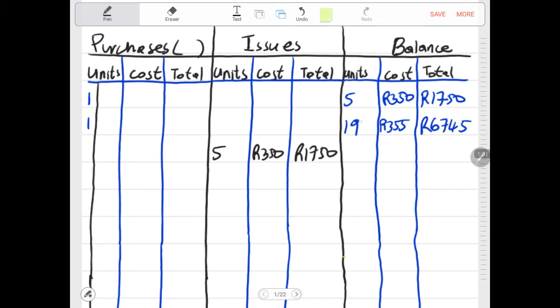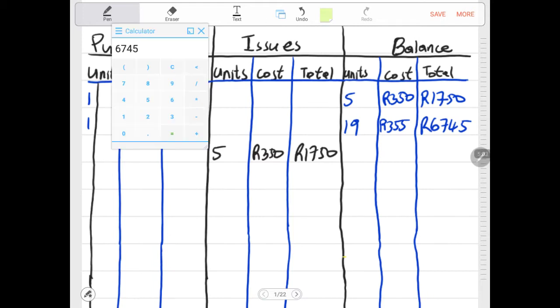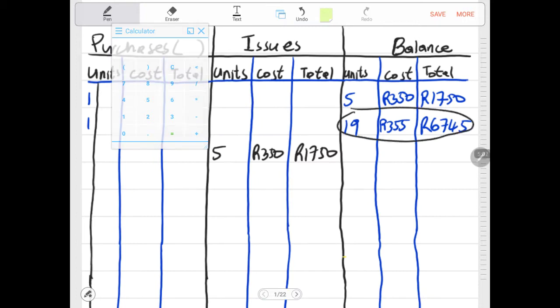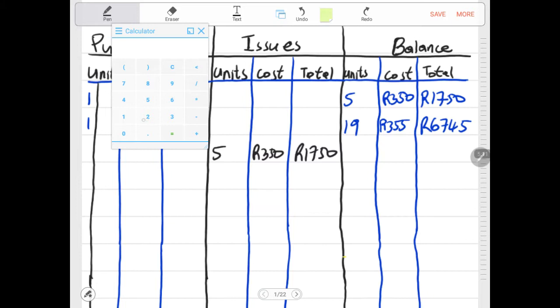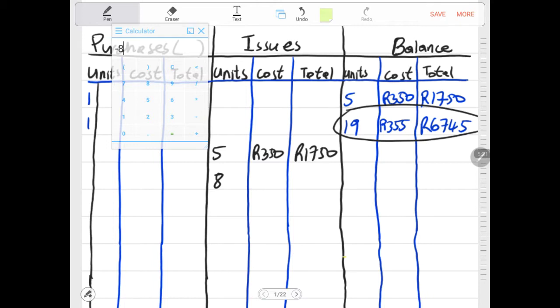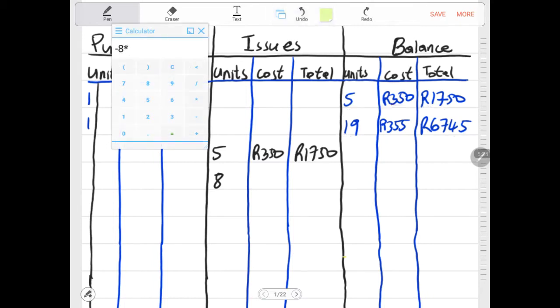Then after we say, now we need to issue the entire 13, meaning the remainder must be taken from the 19 units that were bought at 355. If we only have 5 in the first one, how much do we need in the second one? 13 minus 5, meaning we need 8 units to be taken from the 19 so that we can issue the total of the 13 units that we are required to issue.